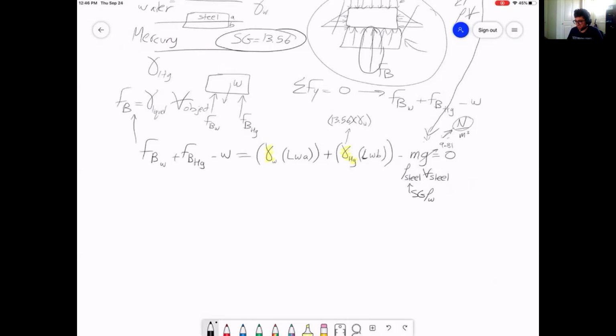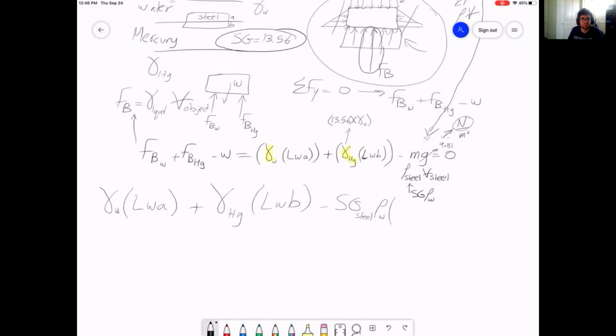Okay, great. So how would you solve this? Let's see. Gamma of water times LWA plus gamma of mercury LWB minus SG of steel times density of water, and then volume of steel.